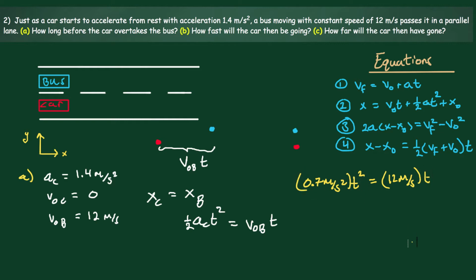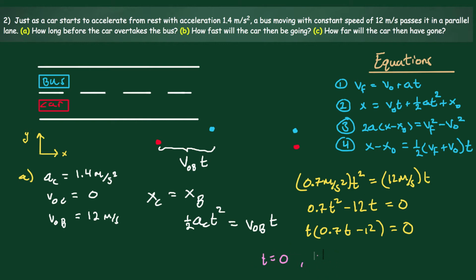Okay? So then we can write 0.7 t squared minus 12 times t is equal to 0, right? After subtracting this term and transposing it to the left-hand side. We can then factor out a t and write t times (0.7 times t minus 12) is equal to 0. Okay? So what this means is that either t equals 0 or 0.7 times t minus 12 equals 0, right? So we get two solutions. The first solution is t equals 0.